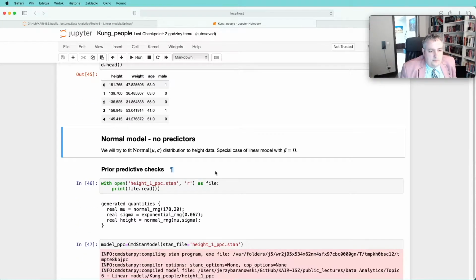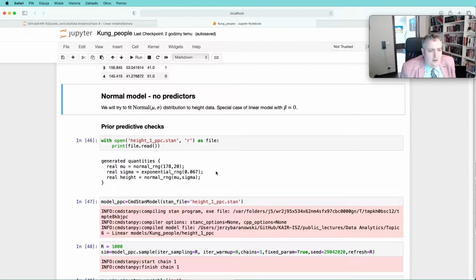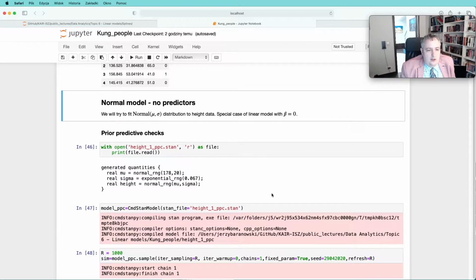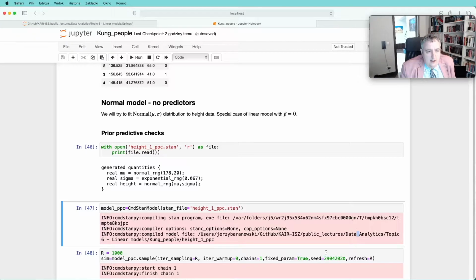So we have our model, which we are compiling. At the moment, there is an issue with CmdStan, at least on Mac. I'm not sure whether it is on Windows or not. You can answer in chat if you observe it. If you have blank spaces in folder names, like here, then you have to compile it every time.